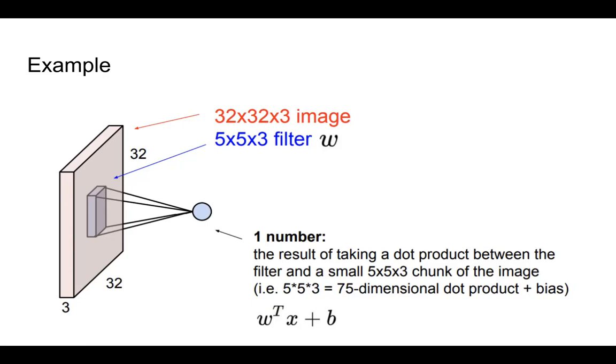If we had an image of 32 cross 32 cross 5, say it had 5 channels, the filter size would be 5x5x5. Here the filter is 5x5x3.